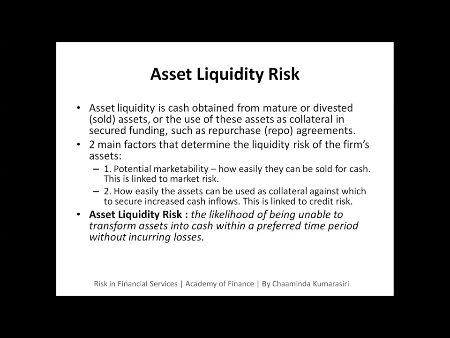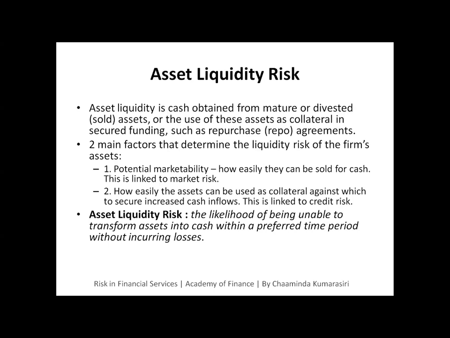So taking that into account, asset liquidity risk can be defined as the likelihood of being unable to transform assets into cash within the preferred time period without incurring losses. So this is what we have learned before, if you can recall, right?